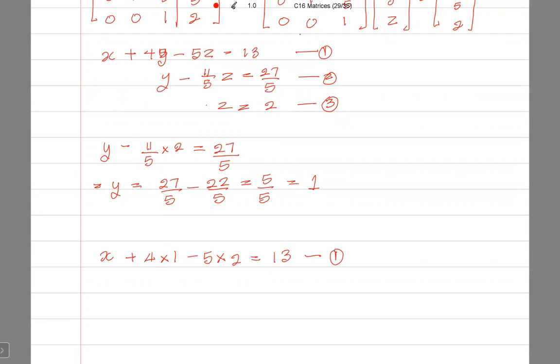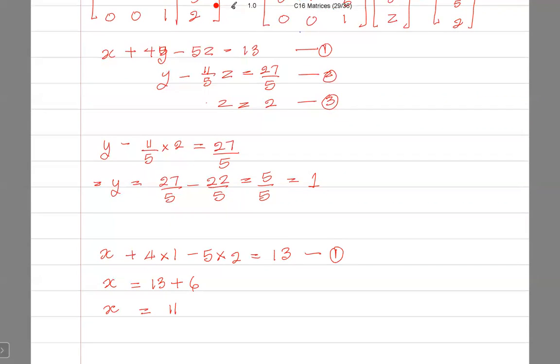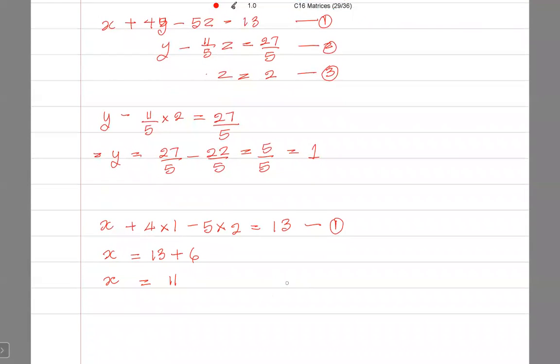Minus 6 goes over and becomes positive. So x is equal to 13 plus 6. X is equal to 19. So my solution is x is equal to 19, y is equal to 1, and z is equal to 2.